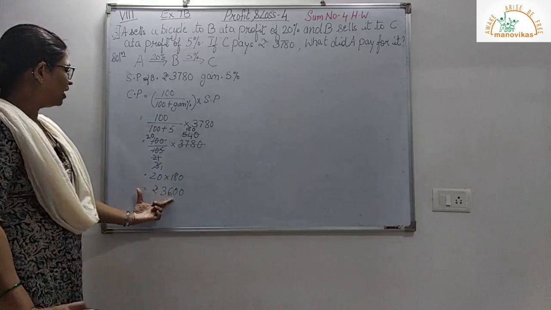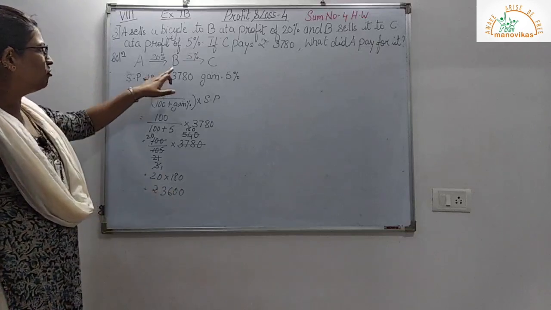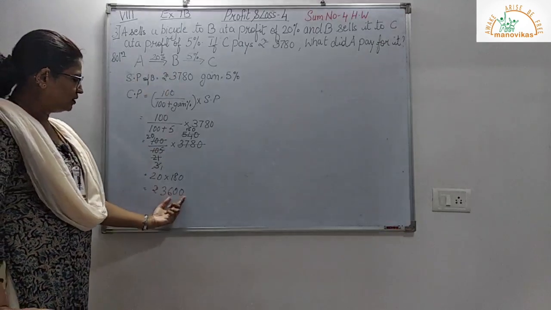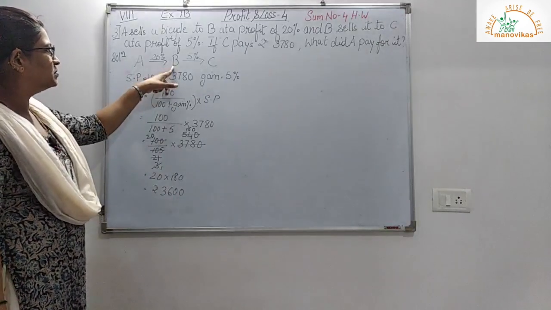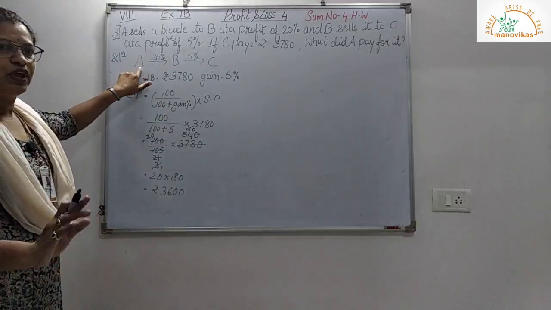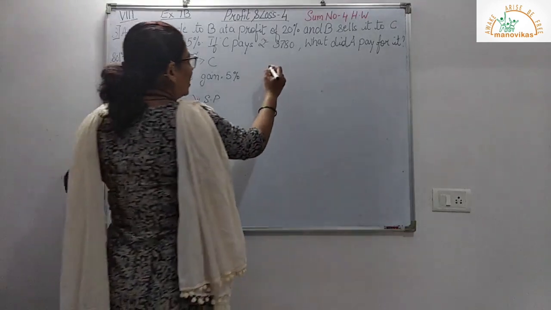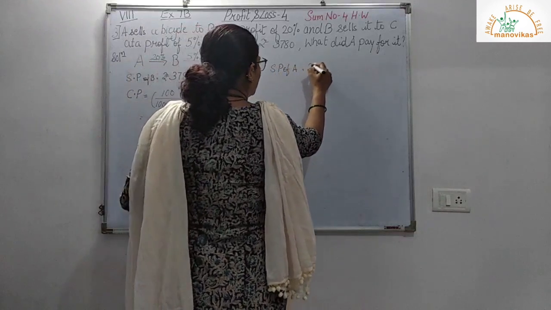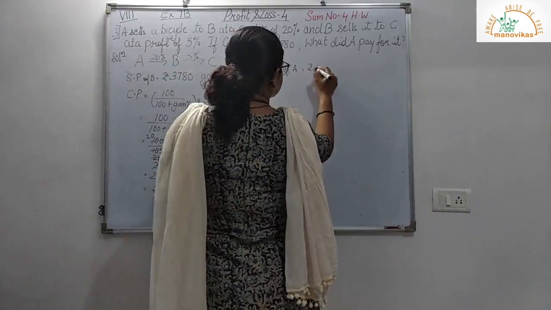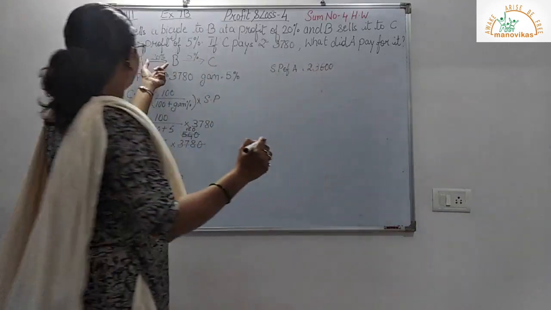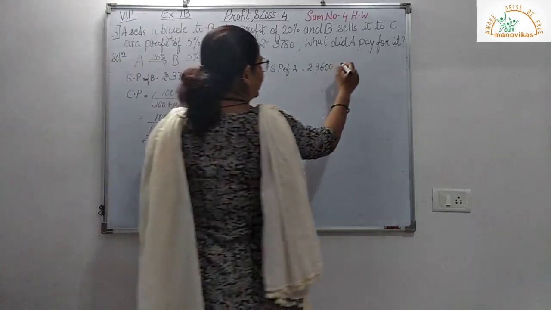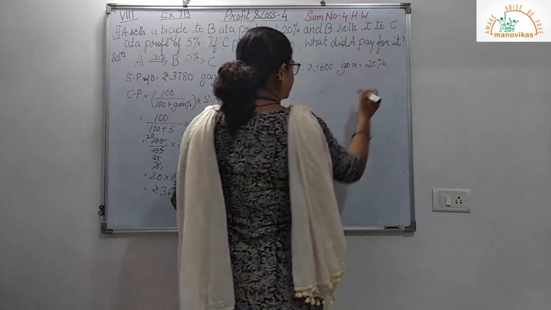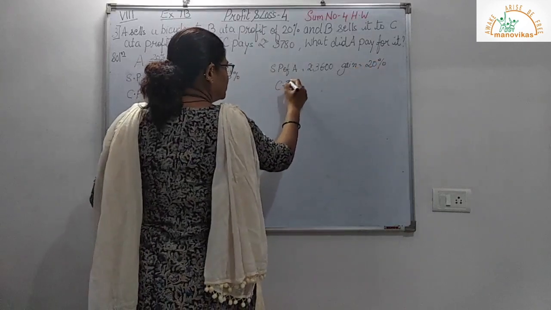which is equal to rupees 3600. Now we have got the cost price of B, right? So cost price of B is 3600, which becomes the selling price of A, right? So now we have the selling price of A, which is equal to rupees 3600, and the profit percentage over here is gain is 20%. So if gain is equal to 20%, now again we can find the cost price, right?